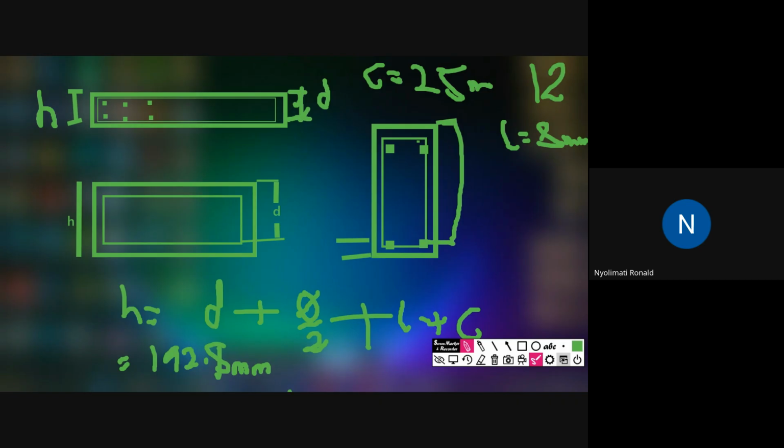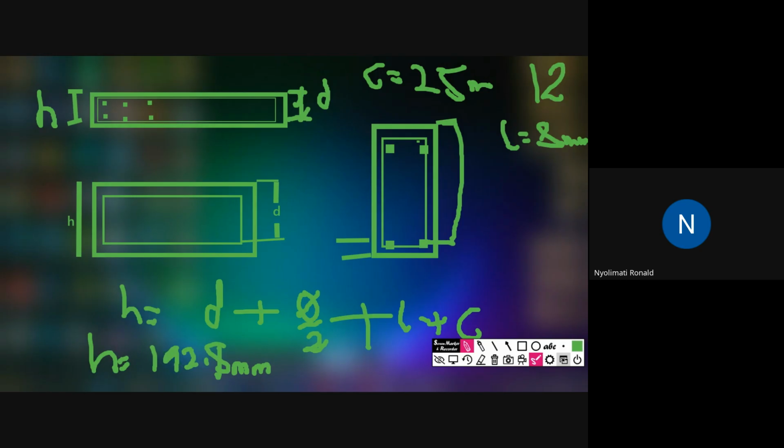So this is the preliminary member sizing. This is the H, the overall depth of a slab. So when you are going to do your design and modeling, you are going to use the slab depth of 198.